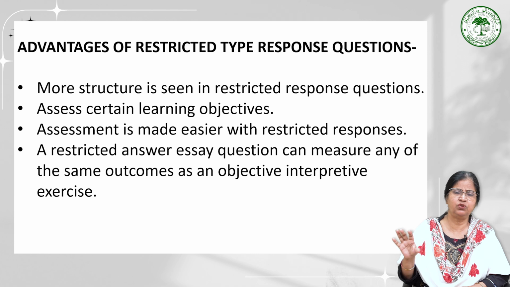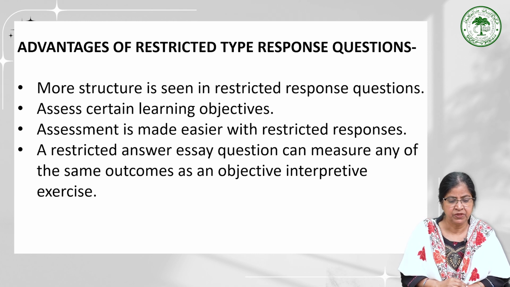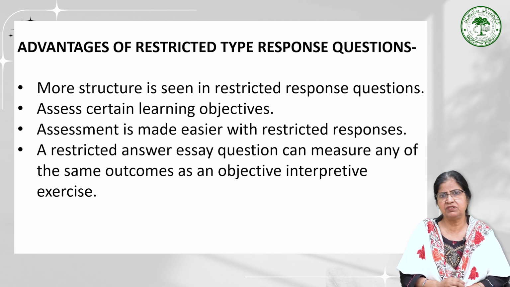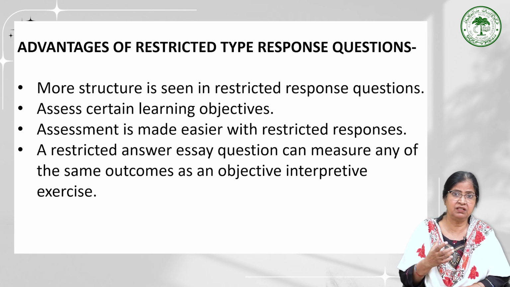So, he will try to draw this diagram. So, restricted answer essay questions can measure any of the same outcomes as objective interpretive exercises. So, we can assess objective kinds of assessment in an objective manner with the help of the subjective test.